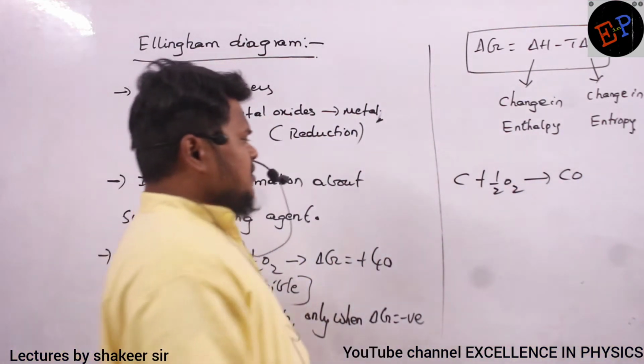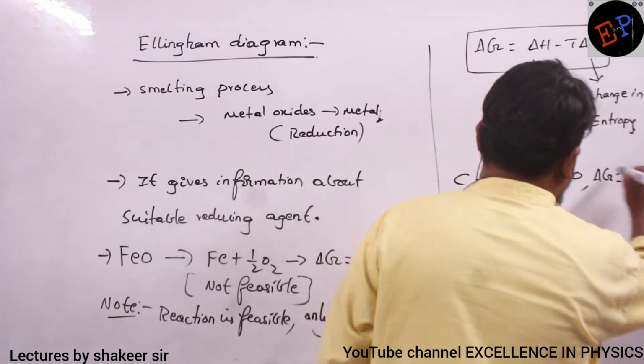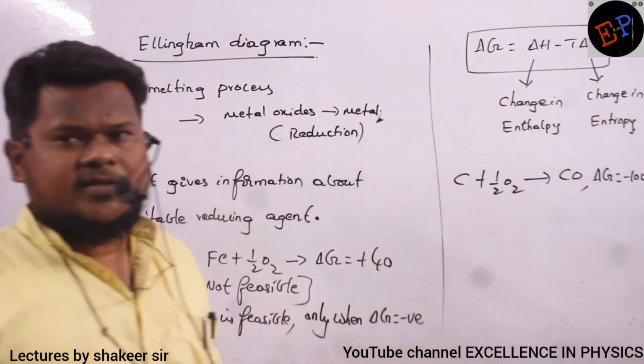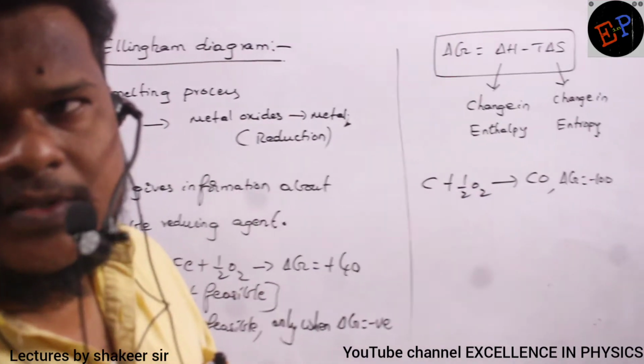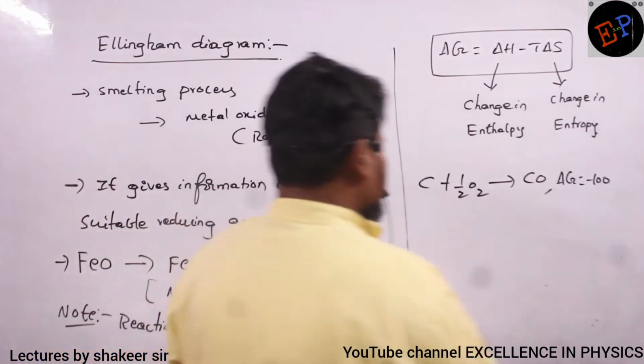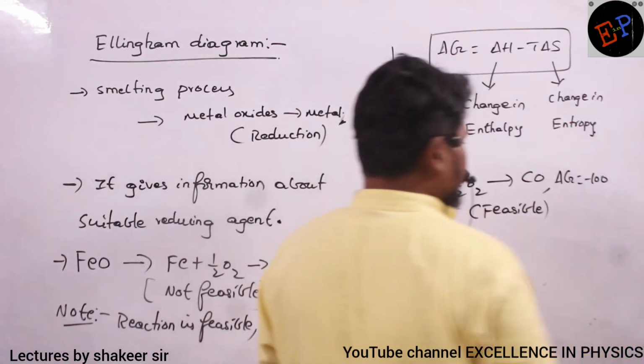For this reaction, delta G value is minus 100. So what do you mean by delta G is minus 100? This reaction is feasible. This is an instantaneous reaction. So we say that this is a feasible reaction.